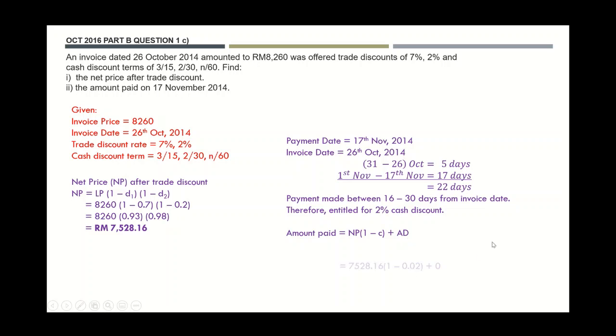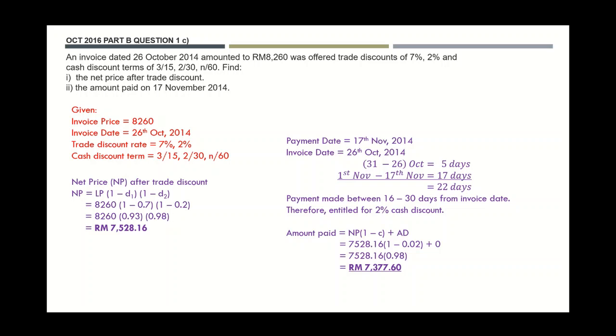So basically substituting the correct value. In this case I'm using NP instead of LP because I already calculated the NP. So you have 7528.16 multiplied with 1 minus 0.02, that is 2% cash discount, plus 0, so there's no additional charges. So calculating this one, you get the final answer.